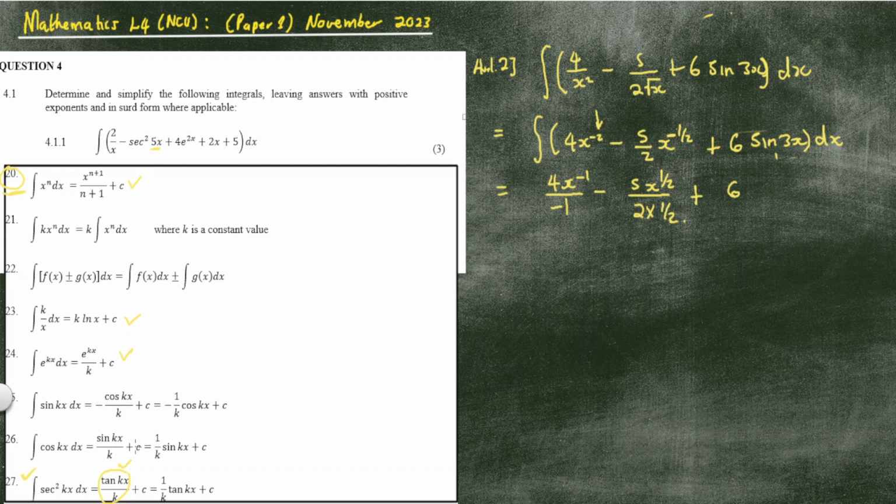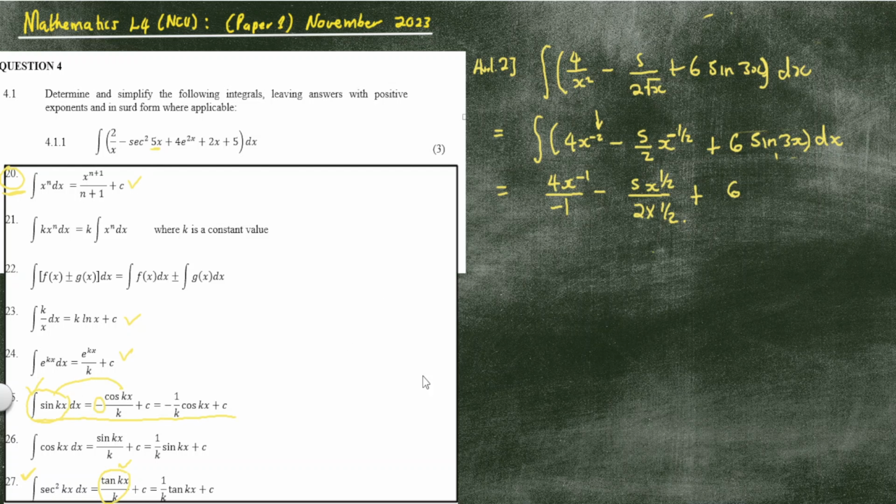We are finding the integral of sine. So it's gonna be integral number 25. It's gonna be this one. When you take the integral of sine, your answer is gonna be a minus cos kx. So coming back here, there's a mistake I made.